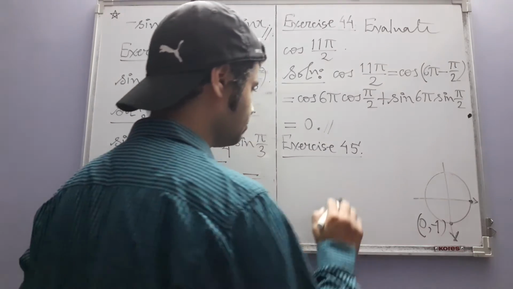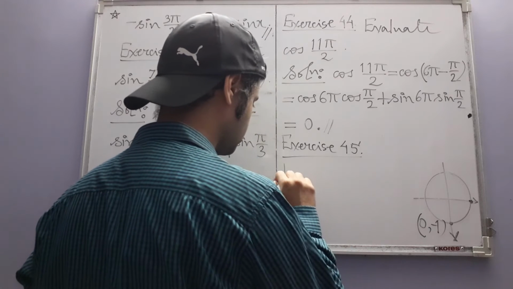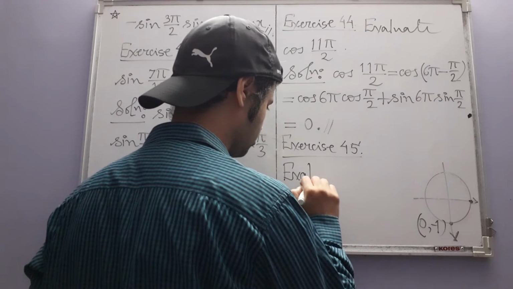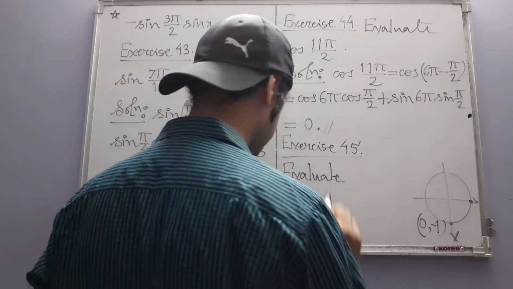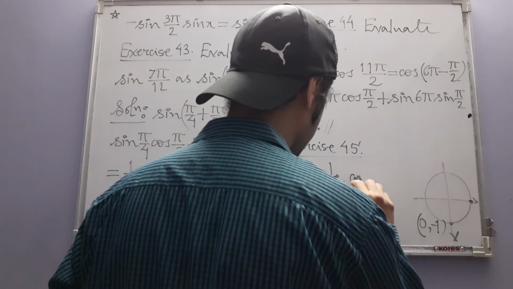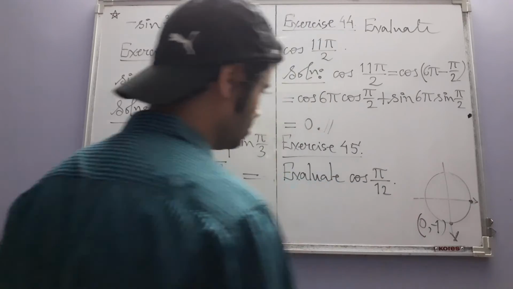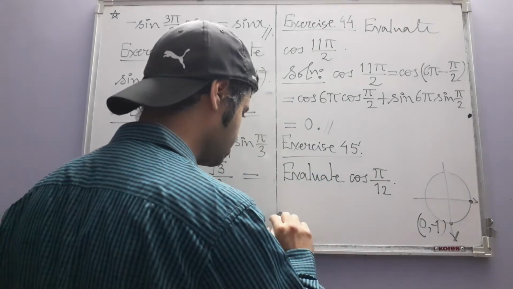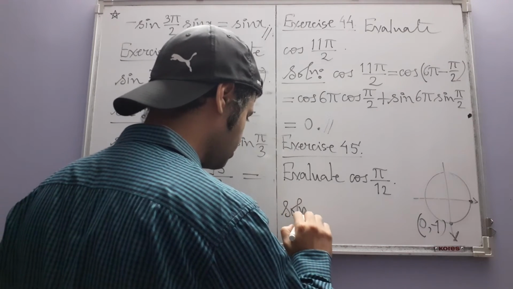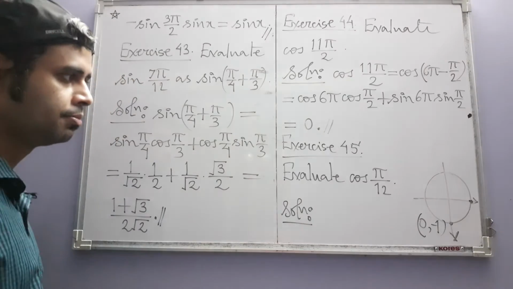Then in 45 we have to evaluate what? This is just simply cos pi over 12. Keep in mind that these evaluations are becoming possible.